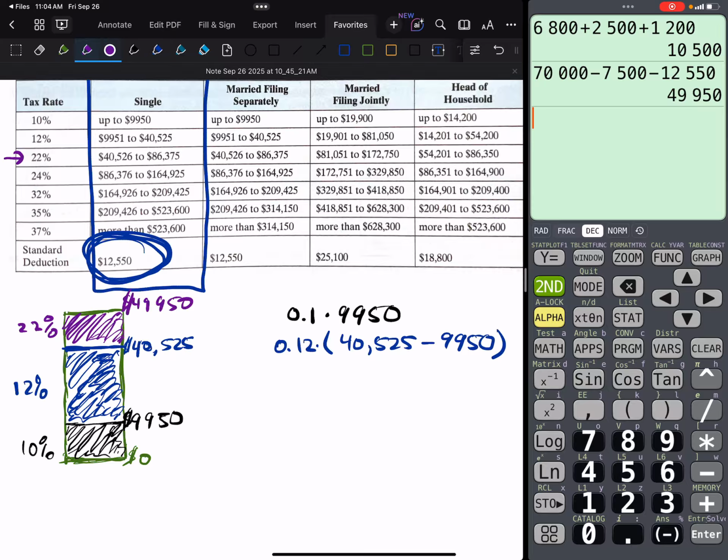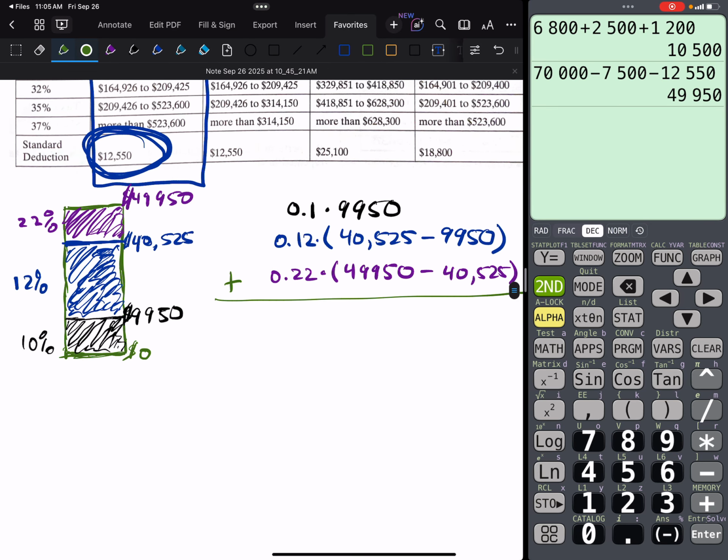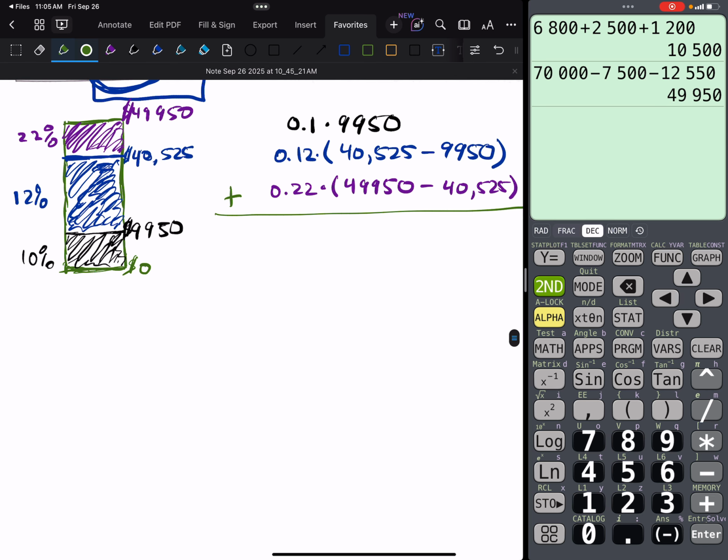For the last bit, for the highest tax bracket, I've got 22%, so 0.22. And then that will be multiplied by that $49,950 minus my $45.25. Then what I want to do is add all three of those together, and that'll give me my taxable income. All right, well, let's do that.